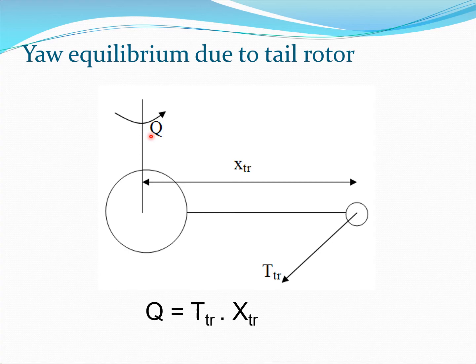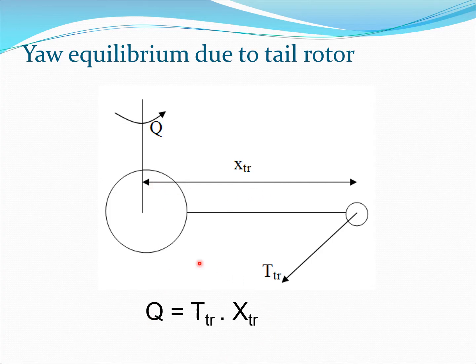So again, you all have seen the existence of the tail rotor, and the reason the tail rotor exists in conventional helicopter configuration is that this torque needs to be balanced by another torque. So this torque is created by the tail rotor thrust into the distance between this point at the main rotor and the tail rotor center. This we are calling XTR, or the location of the tail rotor with respect to the main rotor.